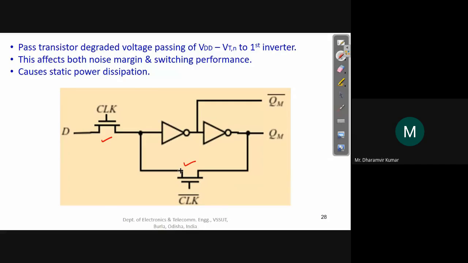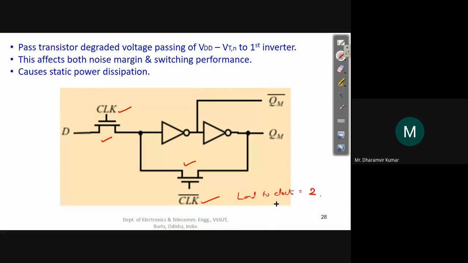The goal was to reduce the load on the clock signal. Here, look, the clock signal is connected to only 2 devices. So in this case, the load to clock is 2, which is half of the previous example. So in those terms, it's a better circuit.